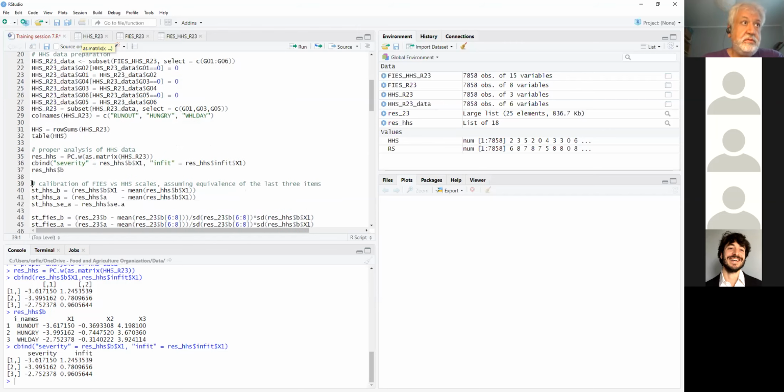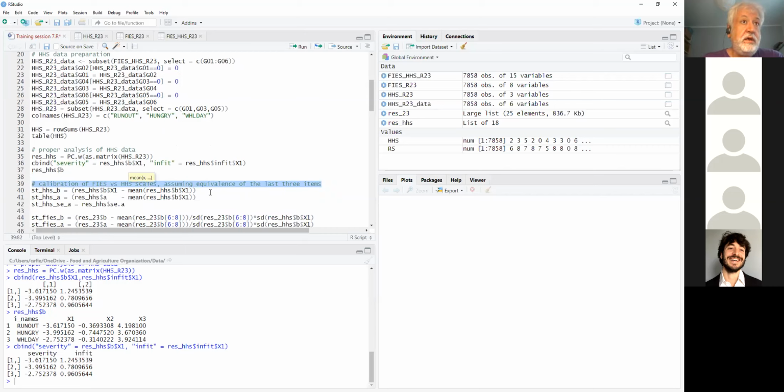So we need to conduct a calibration of the measures so that they are defined on the same unit of measures, if you wish.